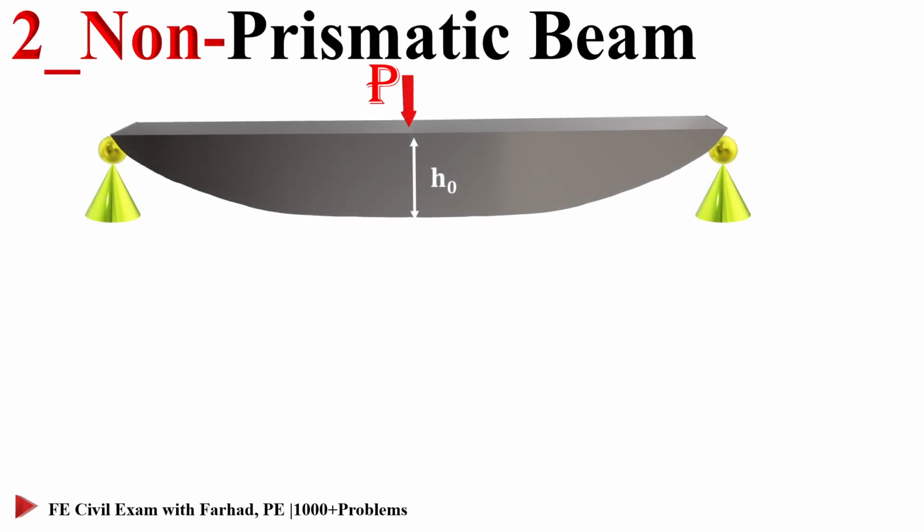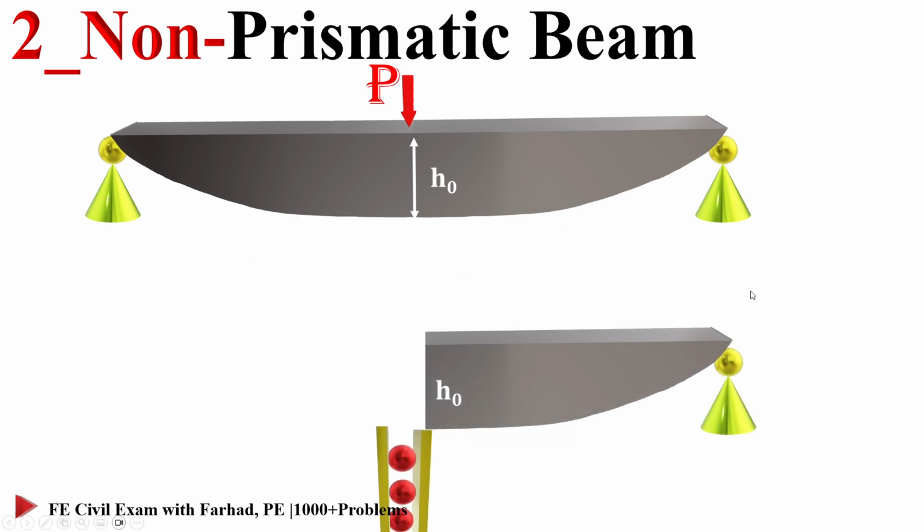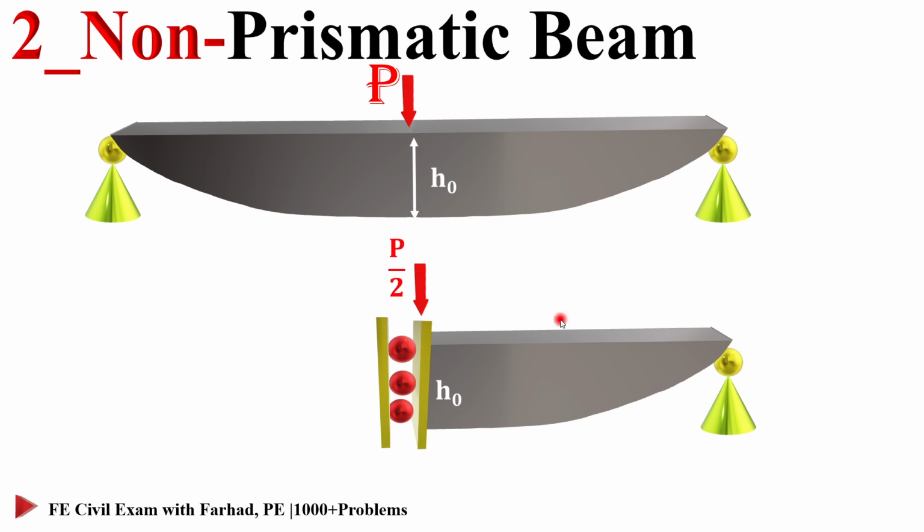To solve the problem, due to the symmetry, for half of the beam we can use a rolling support at the center and apply half of the load, P over 2, and solve for delta maximum for half of the beam, and due to the symmetry that's the same for the other half.